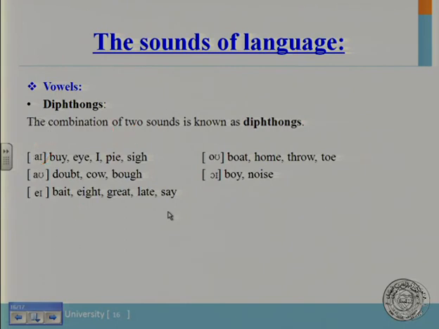And next we have the sound as in boat, home, through, or toe. And finally "oi," as in noise and boy.